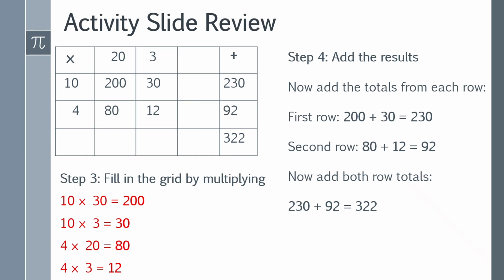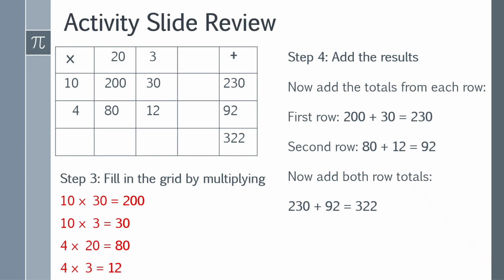So in this grid, you multiply your 10 by 20 to have 200. Multiply your 4 by 3 to have 12. Multiply 20 by 4 to have 80. Then you add 200 and 30 together to have 230.